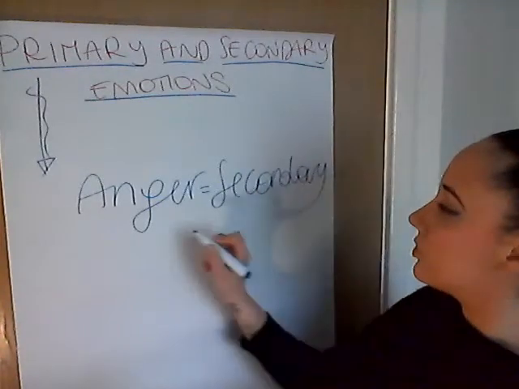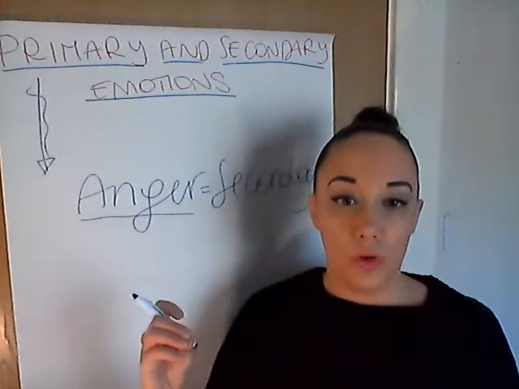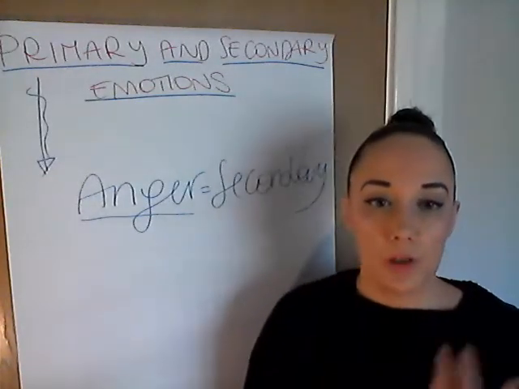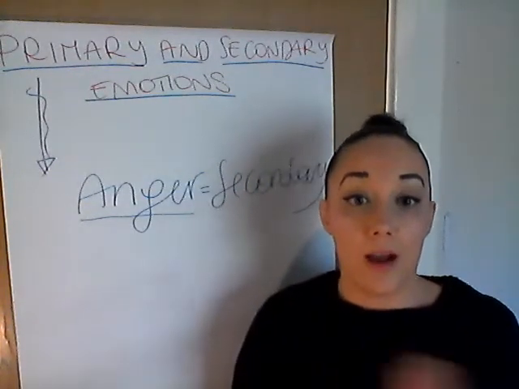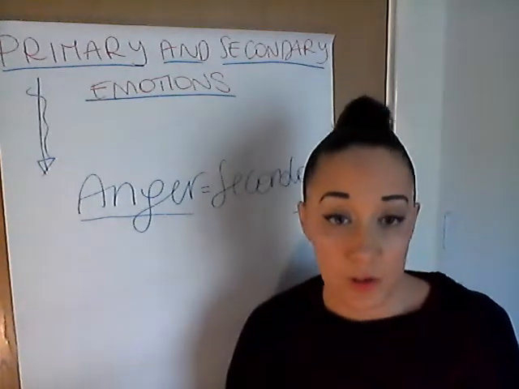And that is because anger is really easy to go to. And if you remember from the first week when we were talking about the positive role of anger, for example, anger stops us from feeling something else. Anger stops us from feeling shame, for example.